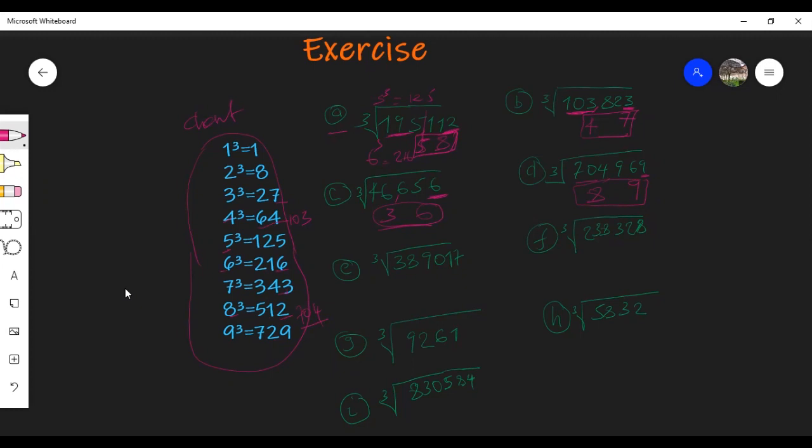So which number ends with 7? If you come here, it's 3. So after separating this one, you have this one remains. That one is 3. And which number is close to 389? 7 cubed gives you 343, which is lower, but 8 cubed gives you 512, which is even higher.